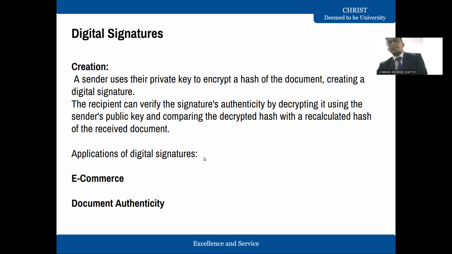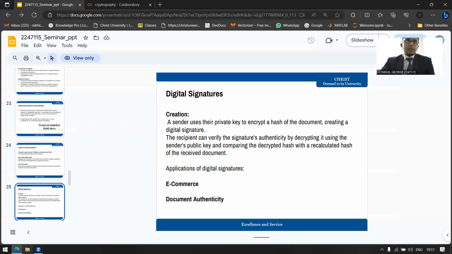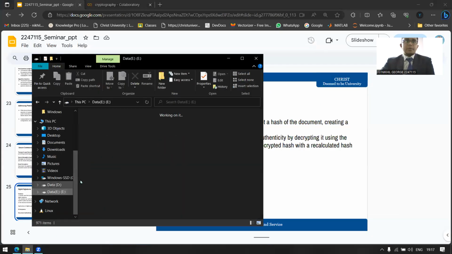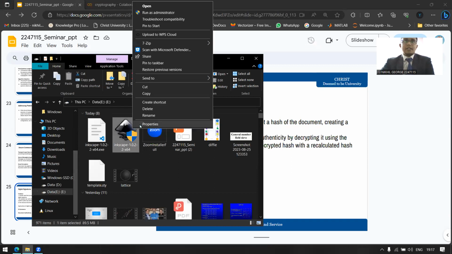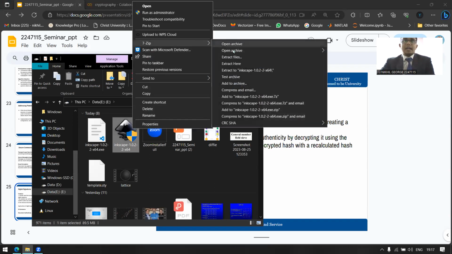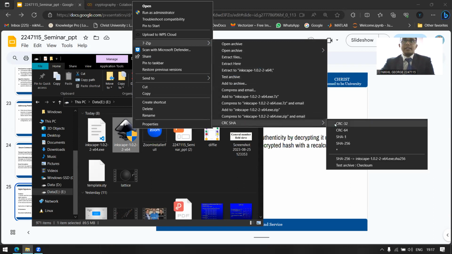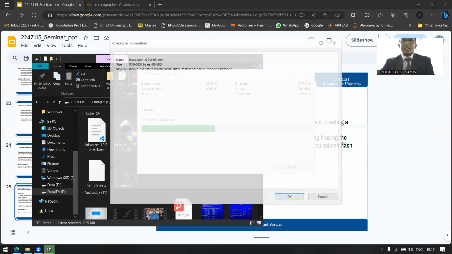So this is used in e-commerce and even document authenticity, as I told you, like for example, I had downloaded an update. So here there's a 7-zip app. Here you can generate the SHA-256 of this file.